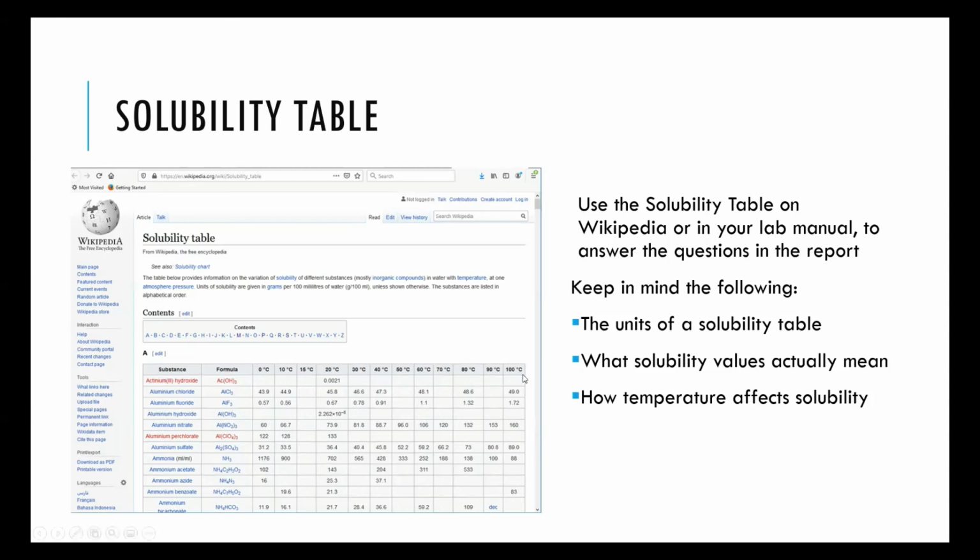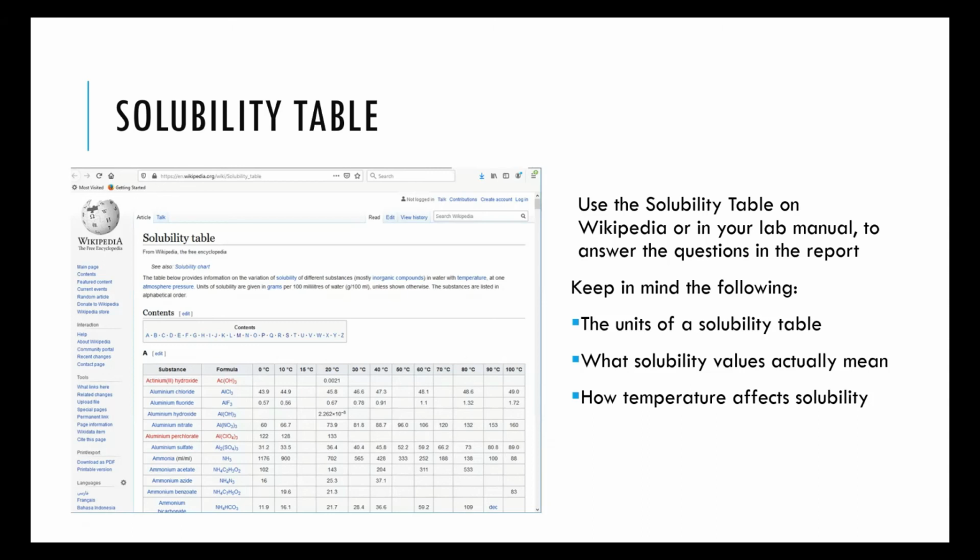And think about what that would mean in terms of precipitation. And especially when looking at the Wikipedia table, because that has a lot more temperatures for the solubility, look to see how does the temperature actually affect the solubility? Does it go up or down with temperature in general? So these are the things you're going to be looking at in the report for some of these questions.